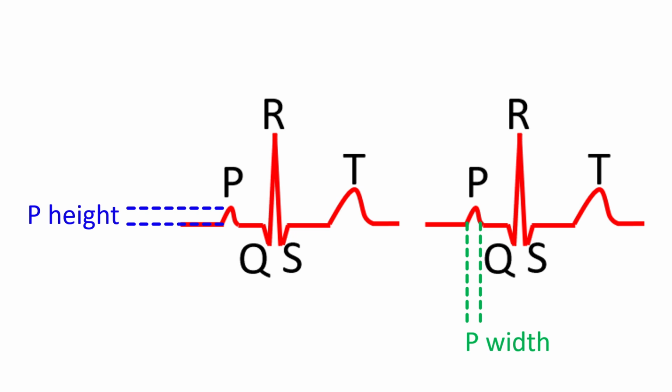A normal P wave in an adult has 2.5 mm as the upper limit for both width and height in a standard ECG recording at 25 mm per second paper speed. Width is increased in enlargement of the left atrium and height is increased in enlargement of the right atrium. If both are increased, both atria are enlarged.